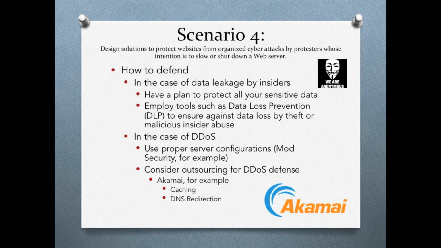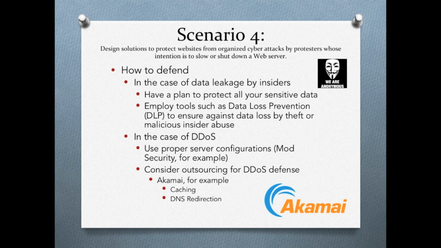The reason you would want to do this is in the case of one data center getting overloaded, then we have load balancing. So DNS redirection can help in terms of load balancing. It can help in terms of turning away bad guys to somewhere else. It can do all kinds of neat things. And so Akamai really can help against DDoS attacks by caching and by DNS redirection.